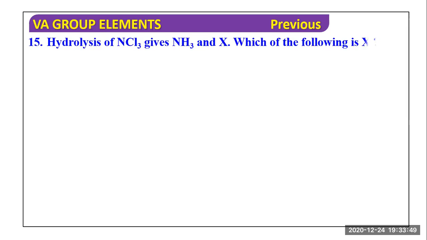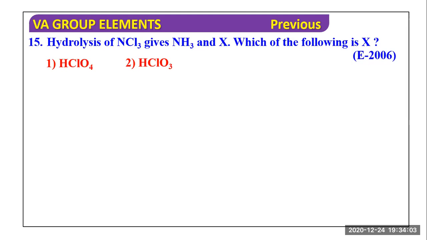Now, hydrolysis of NCl3 gives ammonia and X. Which of the following is X? Hydrolysis of NCl3 gives ammonia and X. Which of the following is X? Is it perchloric acid? Is it chloric acid?